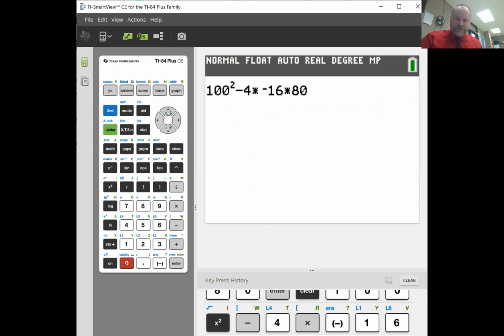Yes, you could do this in your calculator just like this. Enter. So our discriminant is 15,120.